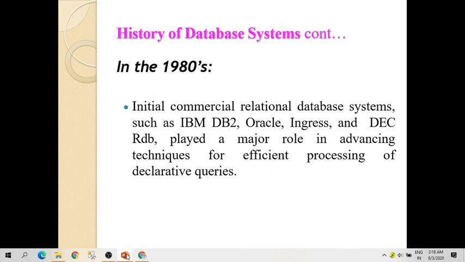Then DB2 became the flagship database product for IBM. And the introduction of the IBM PC resulted in the establishment of many new database companies.